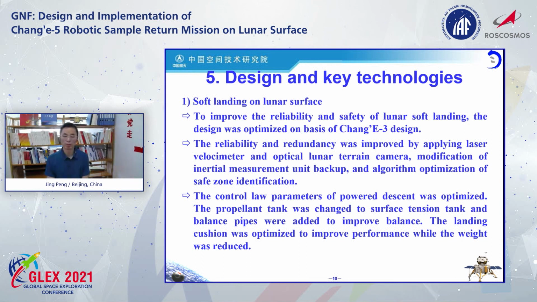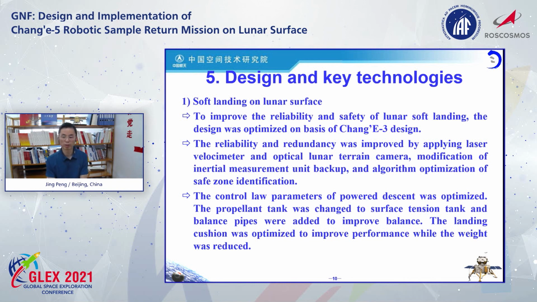To improve the reliability and safety of lunar soft landing, the design was optimized on the basis of the Chang'e-3 design. The reliability and redundancy were improved by applying a laser velocimeter and the optical lunar terrain camera, modification of inertial measurement unit backup, and algorithm optimization of safe zone identification.